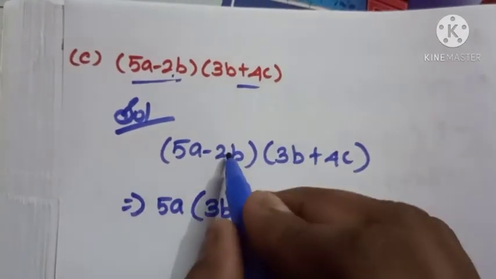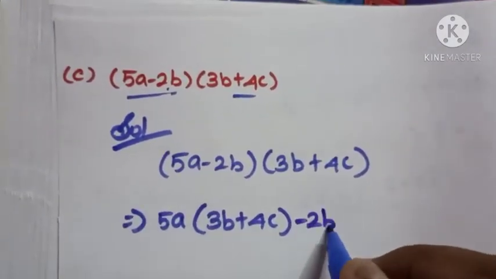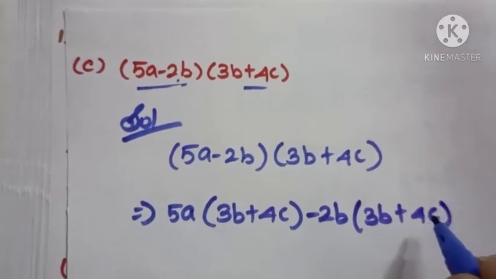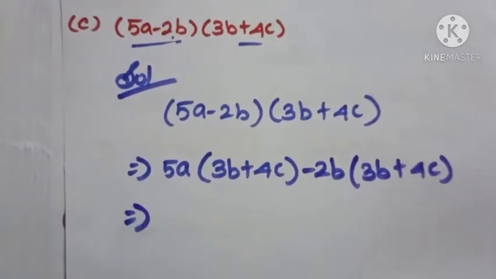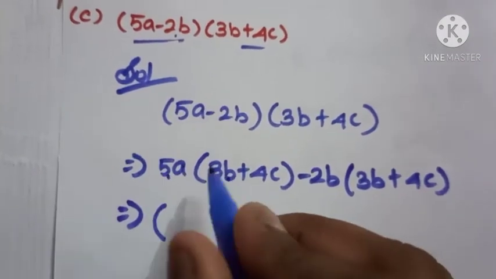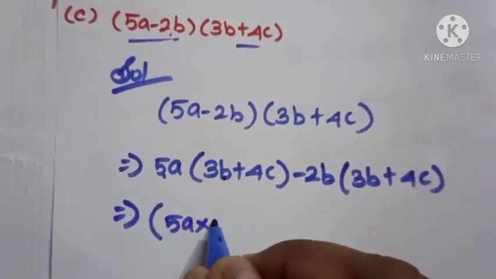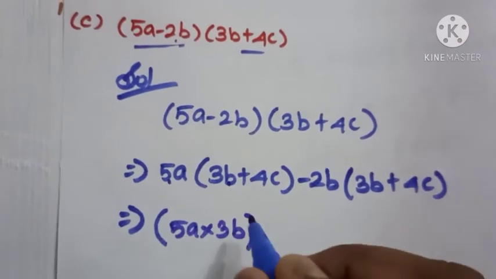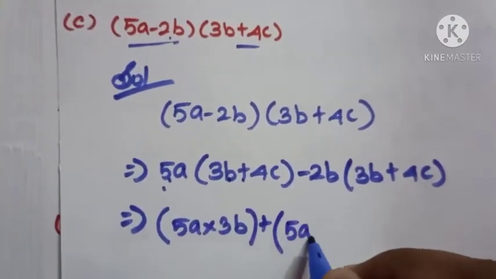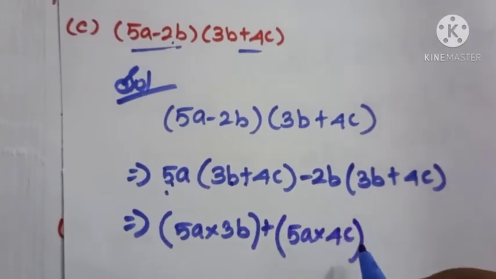Okay, and then minus 2b is multiplied with 3b plus 4c. So now one by one we need to multiply. First this 5a is multiplied with the 3b. 5a into 3b, plus into plus, plus 5a into 4c.